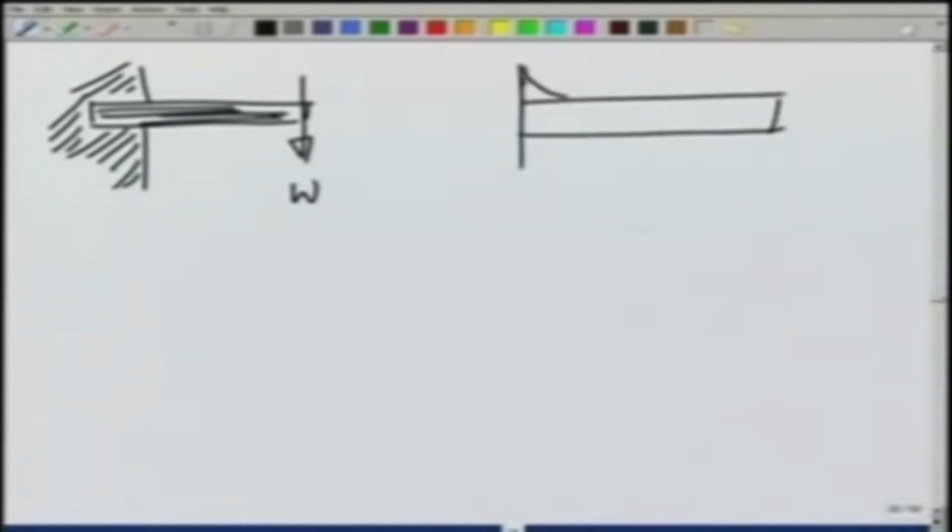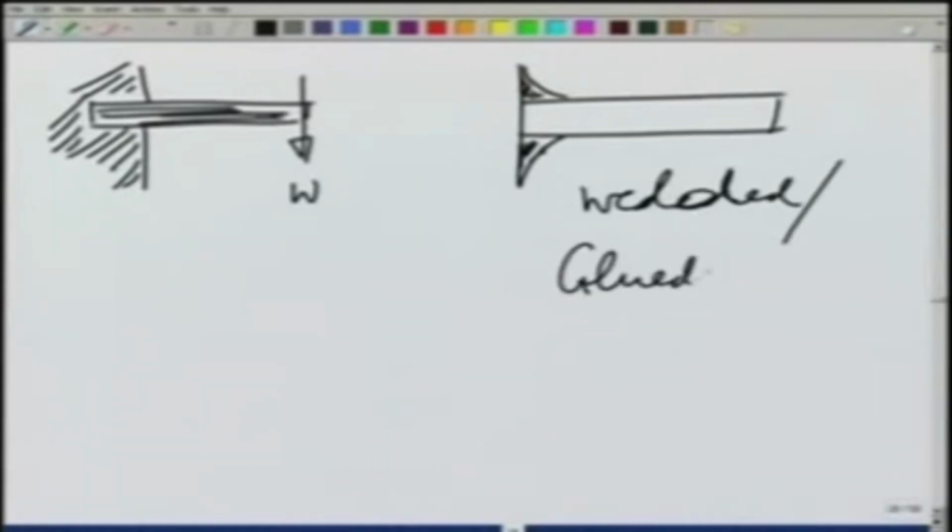Suppose I glue it here, glue or weld. So, welded or glued support, and this is a built-in support.